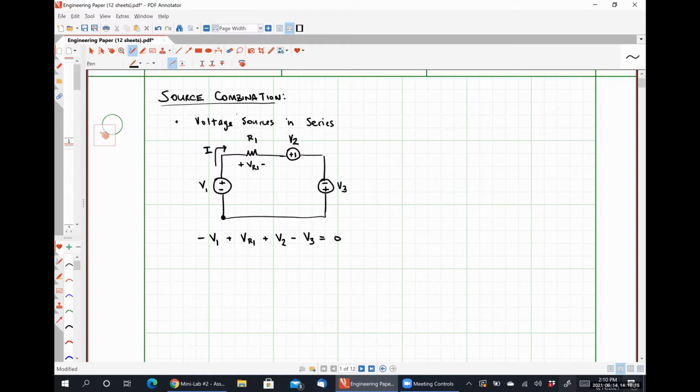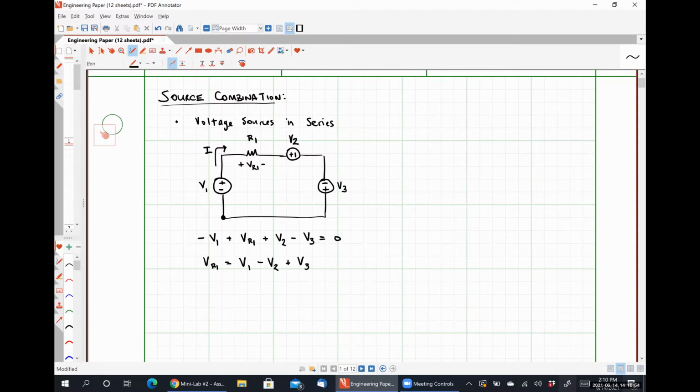What I'm going to do now is move all of the voltage source voltages to one side of the equation and the resistor voltage to the other side. So that would look like VR1 is equal to V1 plus V2, I'm sorry, V1 minus V2 plus V3.